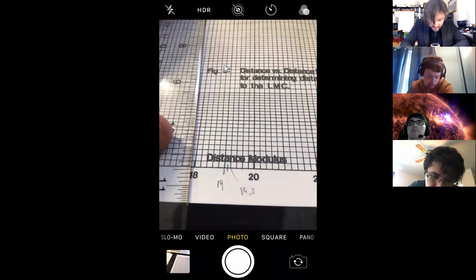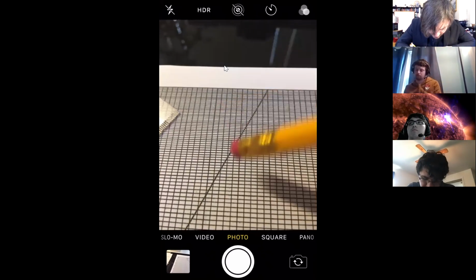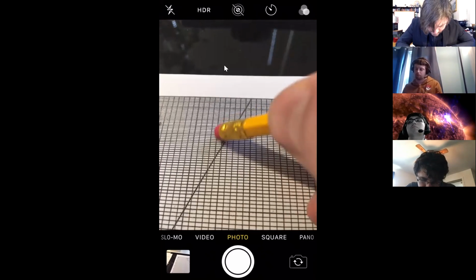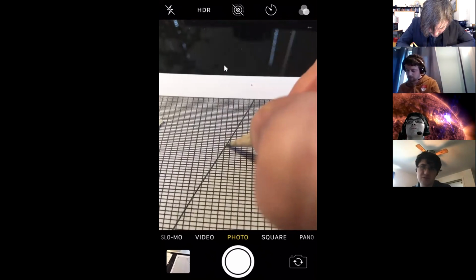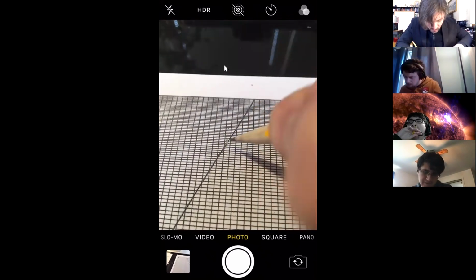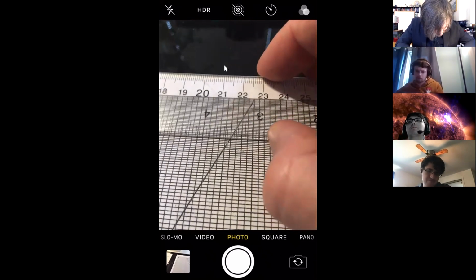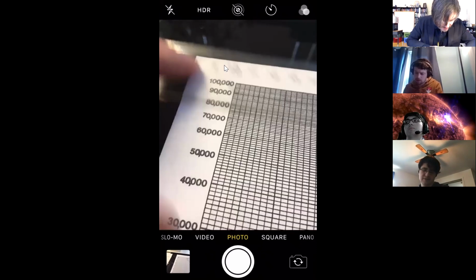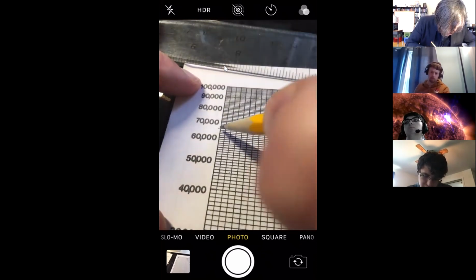I'm up at about 65,000. Yeah, hold on, let's see. We have to be careful with this log graph. Mine's right in between these two. Oh yeah, you're right, Sal. Look, if you go across, I think it's 66,000, because this is 65,000 and mine seems to terminate right there.